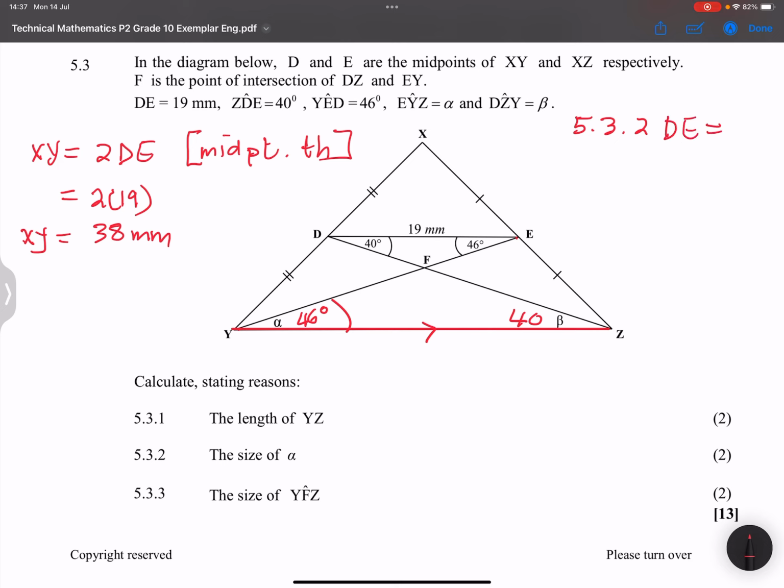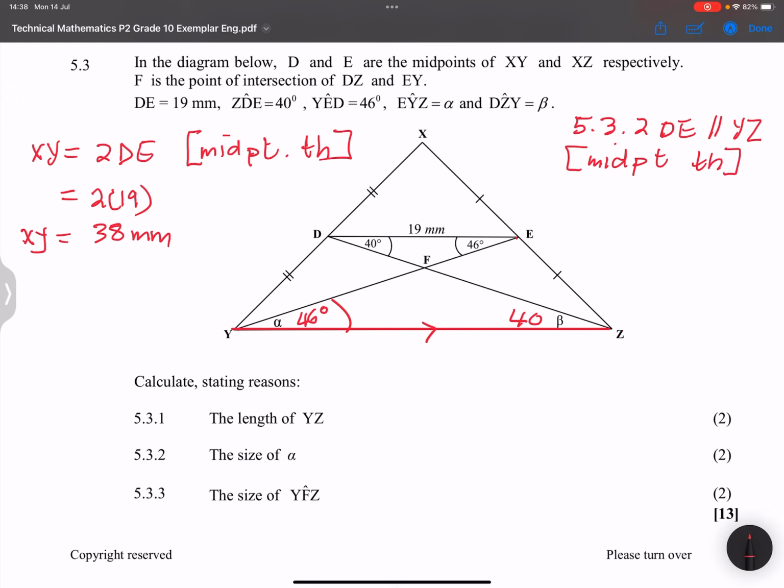Side DE is parallel to YZ. Why is that? Because of the midpoint theorem.